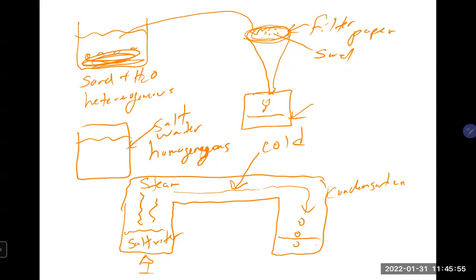So we've got our nice liquid water this way. If I continue to heat this salt water, eventually all the water will evaporate off and we will be left with just the salt on this side. So we have our salt back in its original form. We have our water back in its original form.